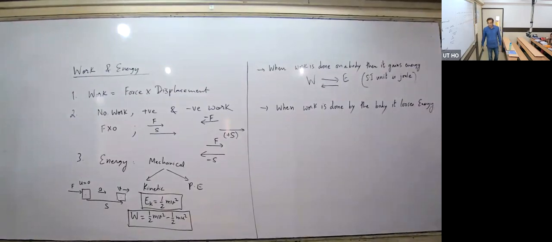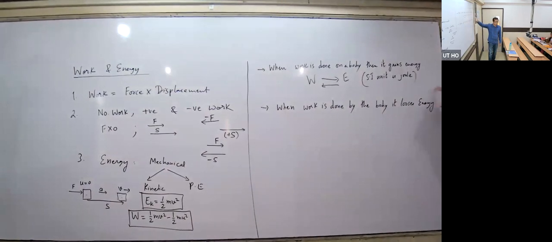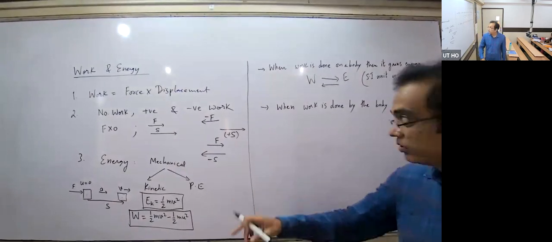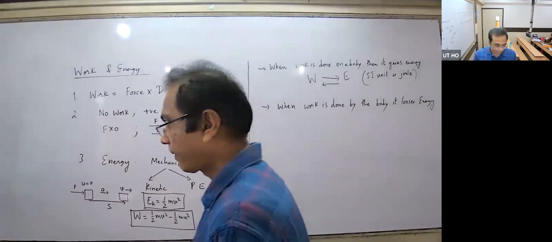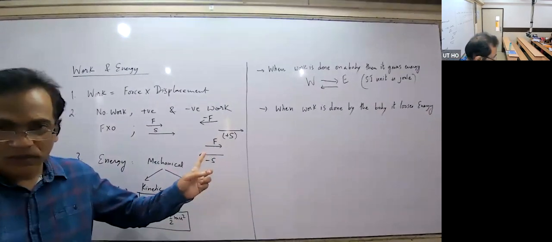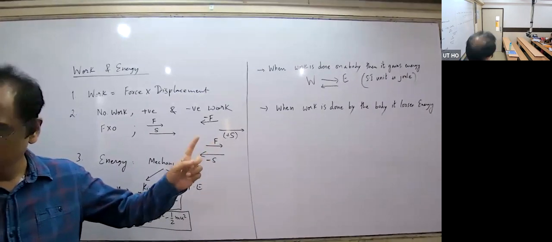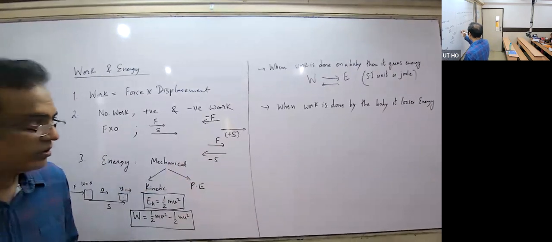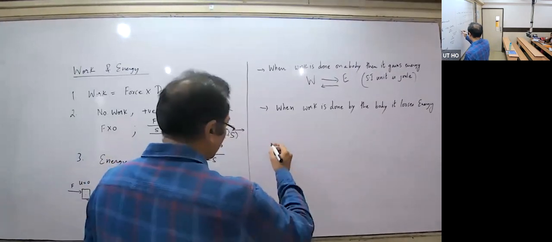So those who were absent in the last class can write the full thing, and those who were present in the last class can write only these 2 words. So this is a summary of what we have done so far. This also I discussed in the last class, right? Have you noted it? If you have noted, then note. So today we'll be starting with the concept of potential energy.